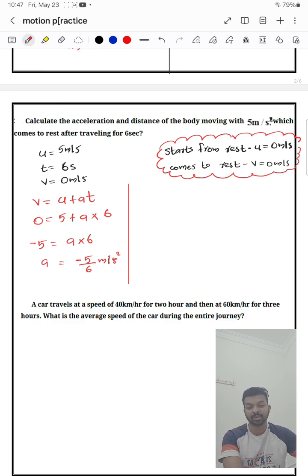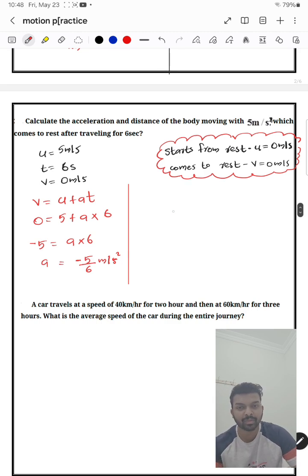So I prefer you take equation number 3 whenever the final velocity is 0. In this case, I am taking the third equation for the first time in today's session.